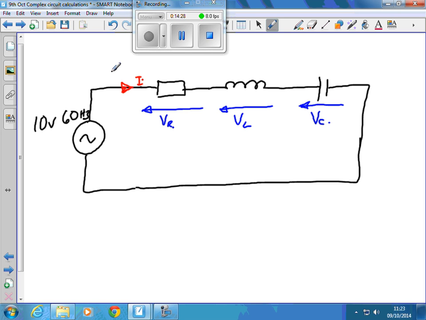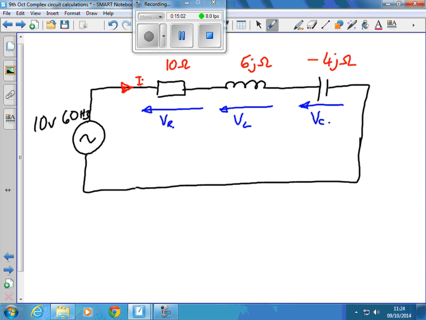Also, what we'll have is 10 ohms, 6j ohms. So I'm going to give you the impedances straight away in complex form, and minus 4j ohms for the capacitor.